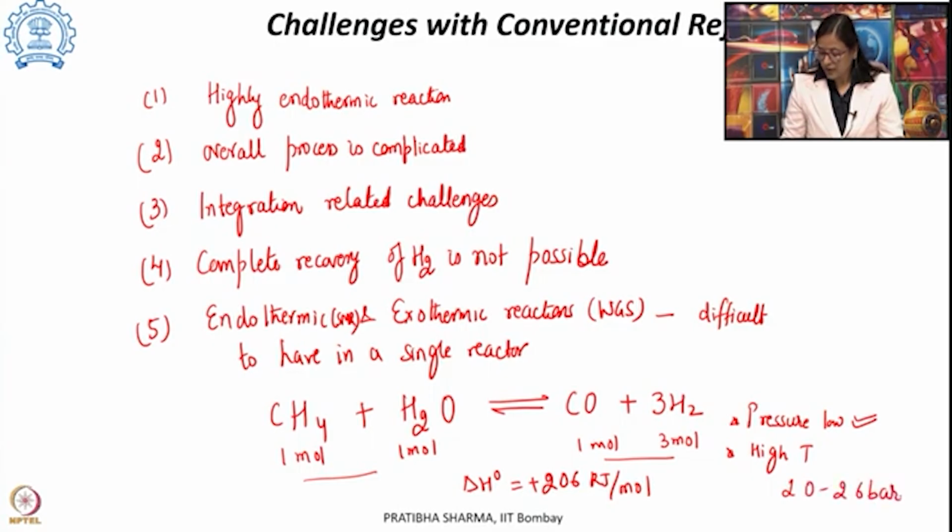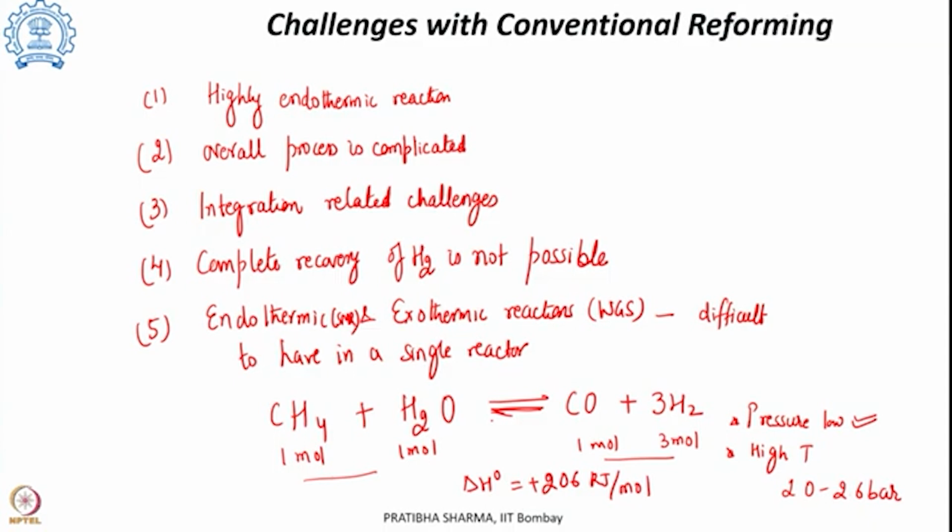Under that condition, being a reversible reaction, the conditions should be such that the backward reaction should not be favored. So, we can have ways wherein we can address these chemical equilibrium related limitations.